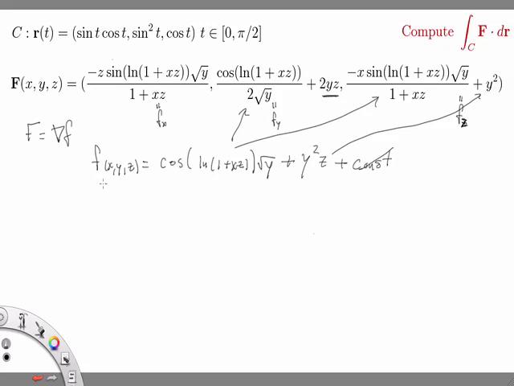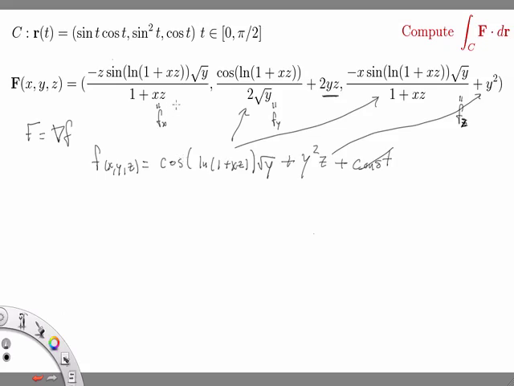So in the end, by looking at capital F and doing a little bit of really single variable calculus a few times, I've concluded that little f could be cosine of natural log of 1 plus xz times root y plus y squared z.